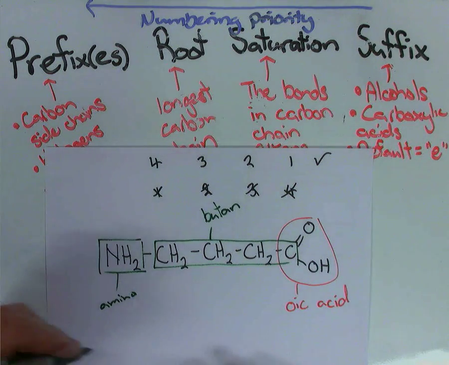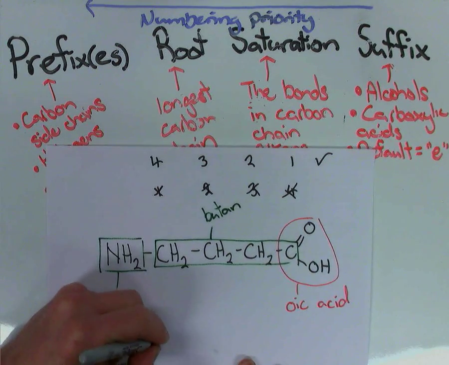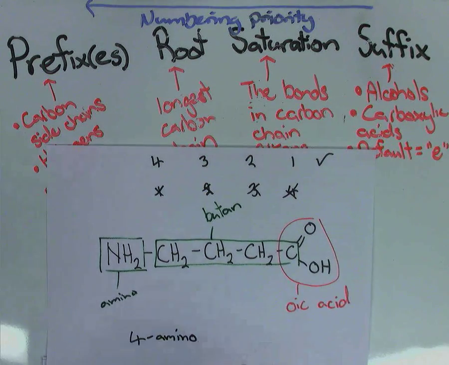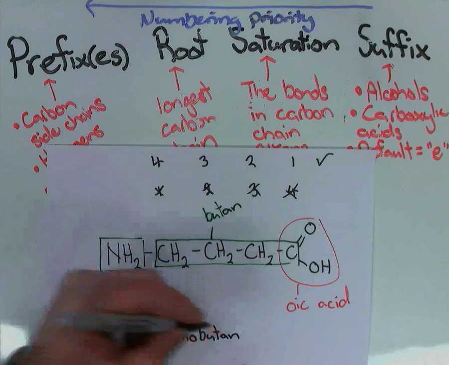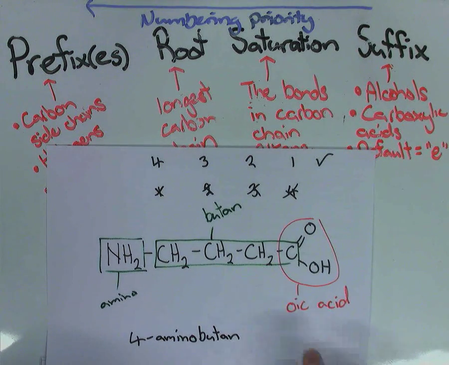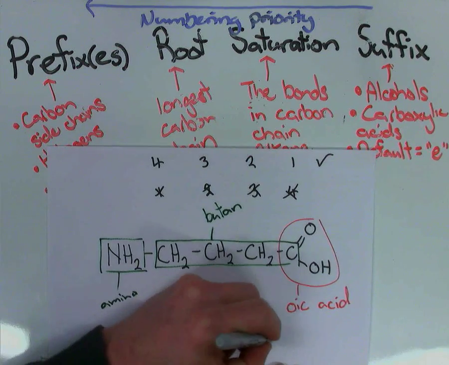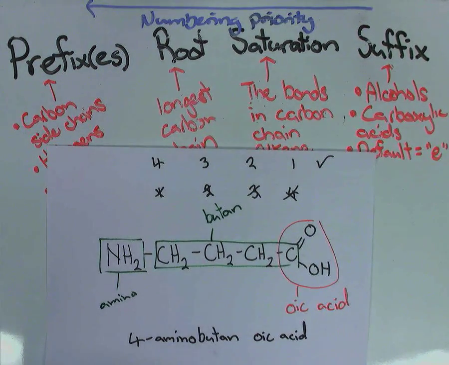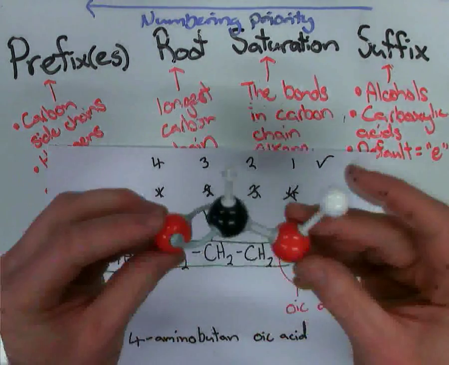So that means I have got, if it was all to be assembled, at number 4 there is an amine. So at 4 amino, there's 4 carbons in a row, all single bonds between them, and I have got an oic acid. I'm going to leave a gap for a number of that, but we're going to close that gap very shortly because of this. This is what a carboxylic acid essentially is.